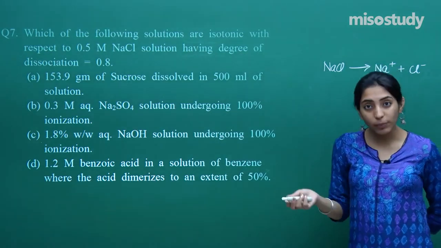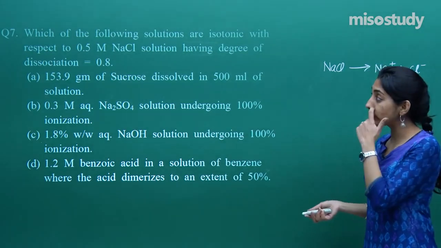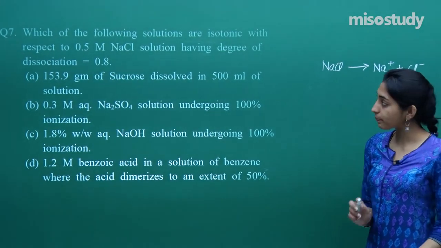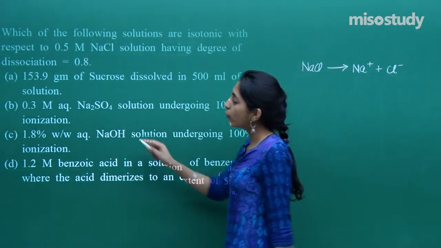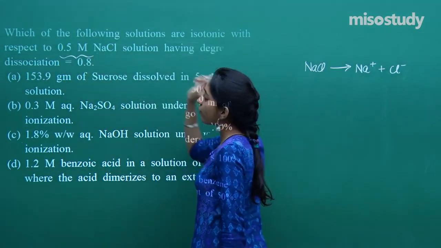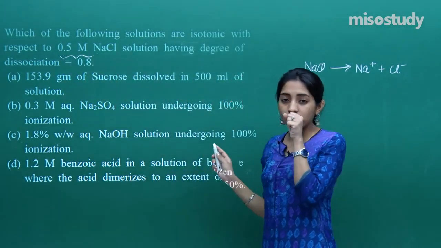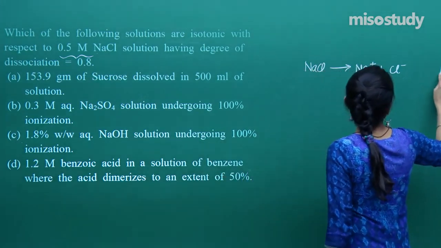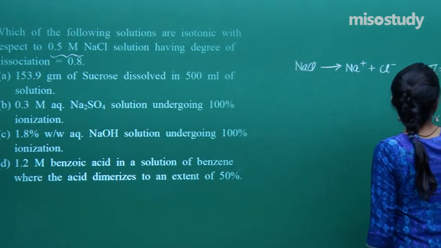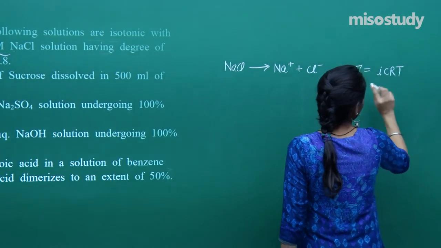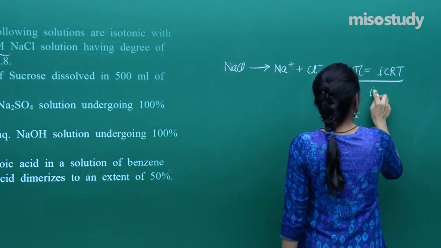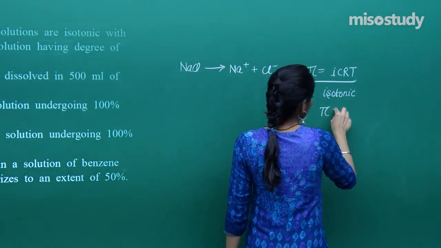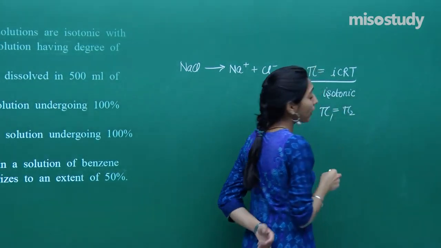So it is not 100% dissociating. It is dissociating to an extent of 0.8 or 80%. See, my main aim is to calculate, we know that pi is equal to i into C into R into T. Since I am talking about isotonic, I need to make sure that pi 1 should be equal to pi 2.